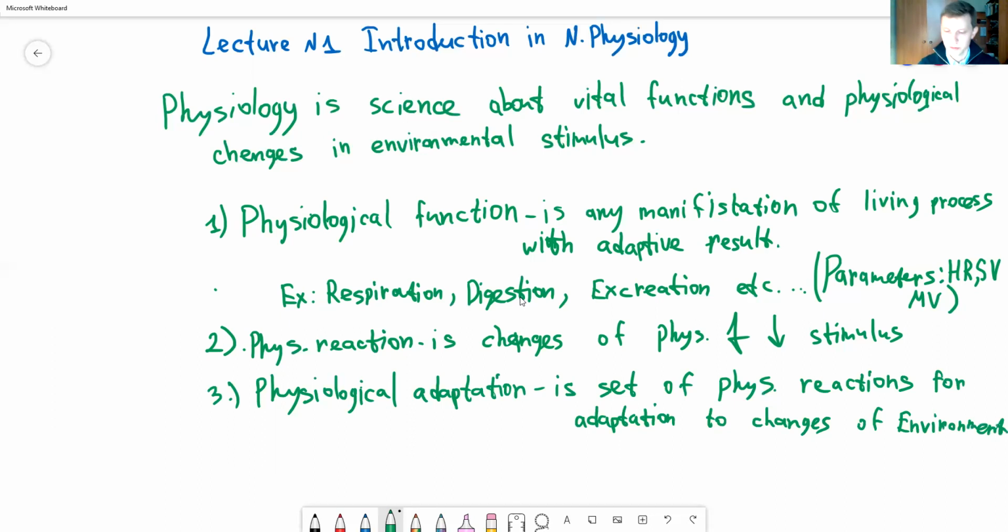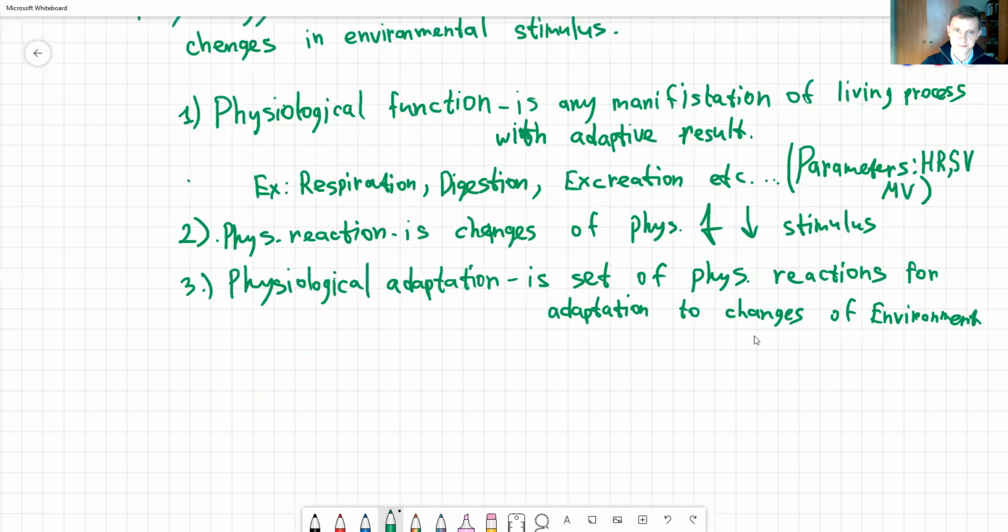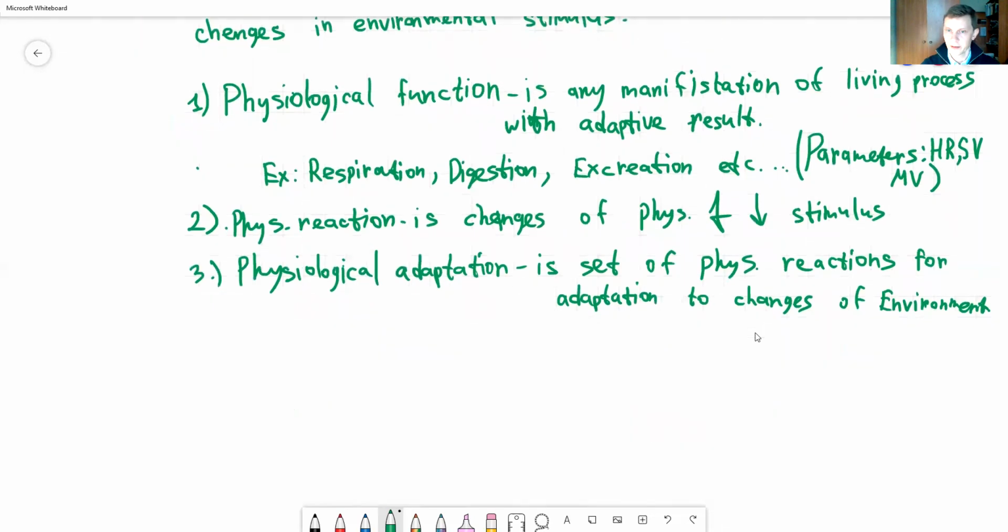Okay, so changes of the environment, and in these changeable conditions, we have a risk of changes of our internal parameters. We need to exclude this because in the process of maintaining life, our body tries to maintain constancy of the internal liquids. Constancy means in chemical composition and physical properties.